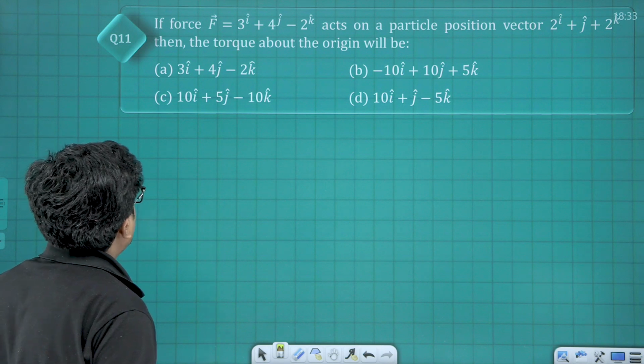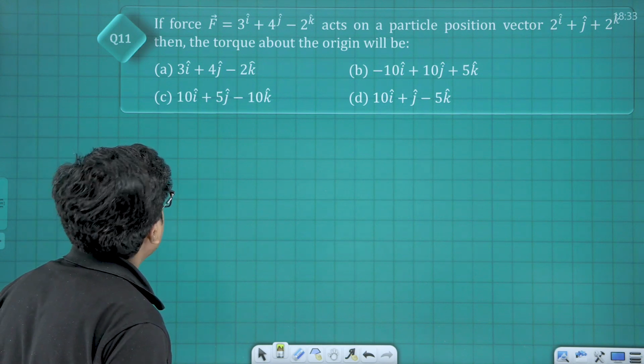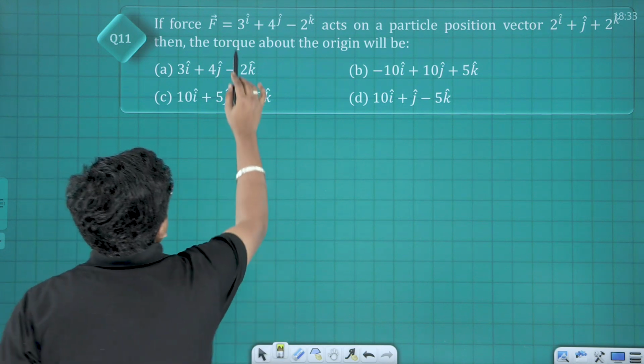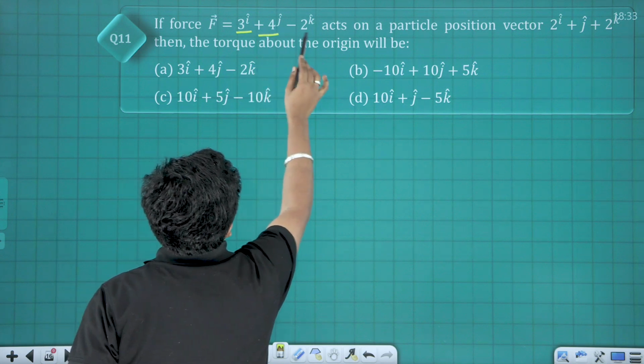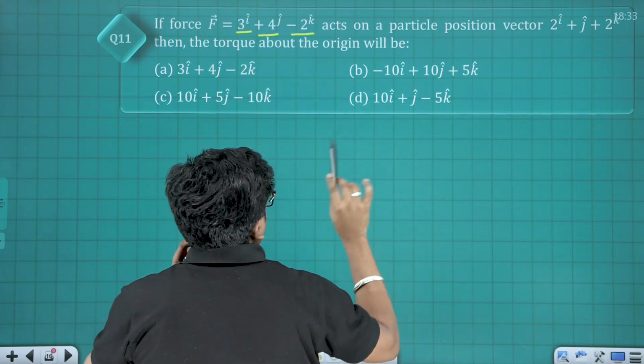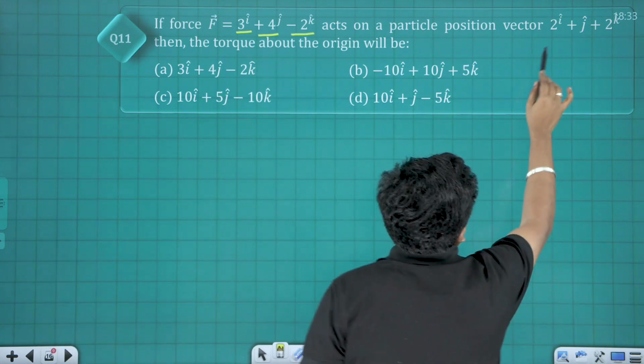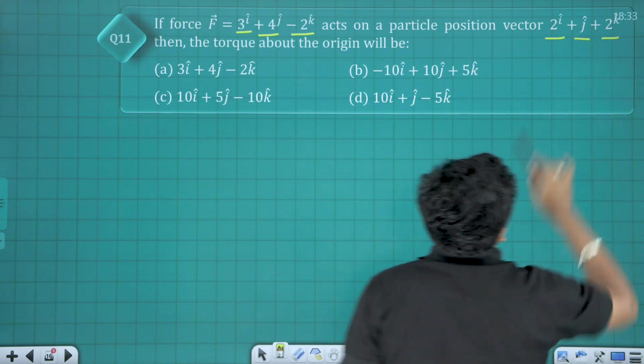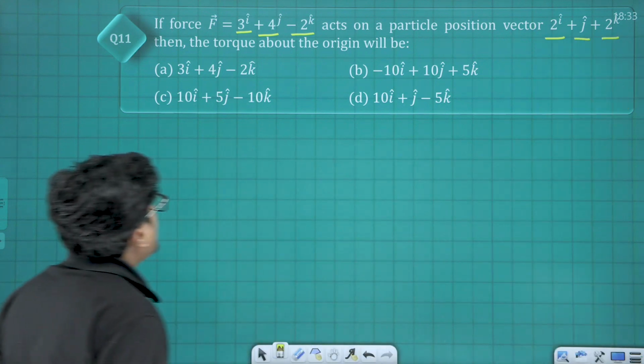Option B. Okay, now we are moving to the next, question number 11. The question says, if capital F vector is 3i plus 4j minus 2k cap acts on a particle of position vector 2i plus j plus 2k cap, then the torque about the origin is.